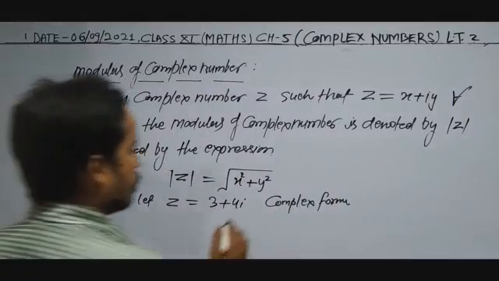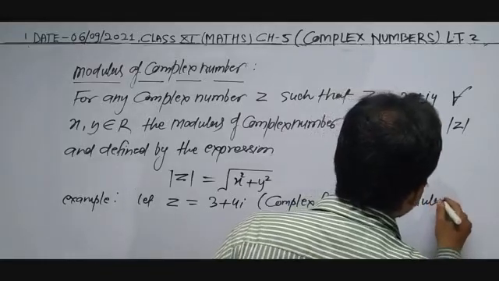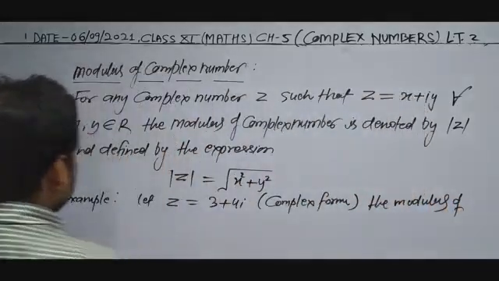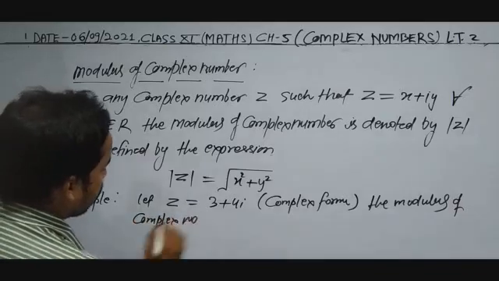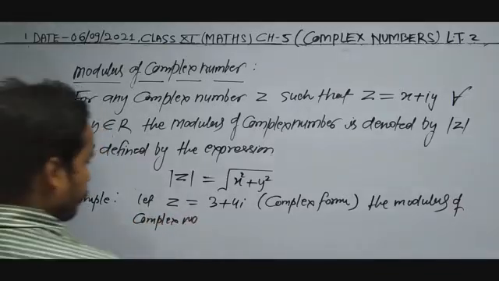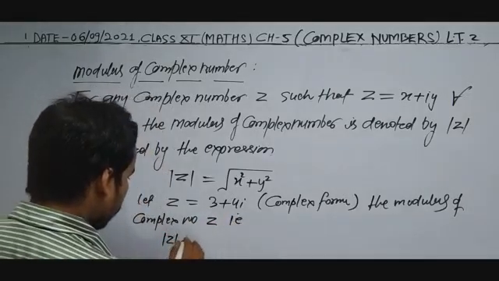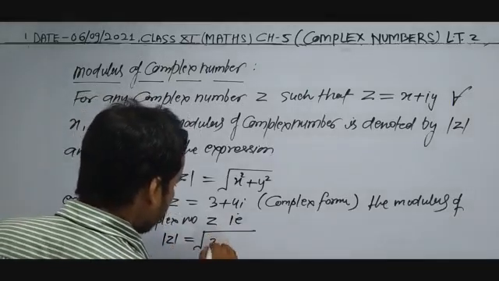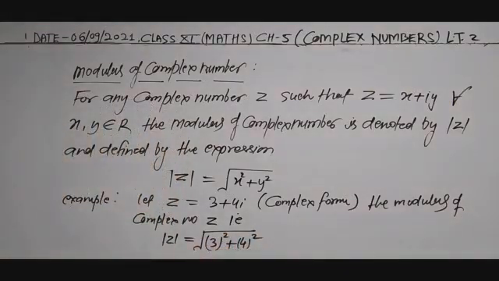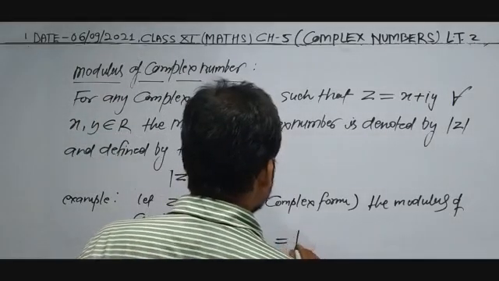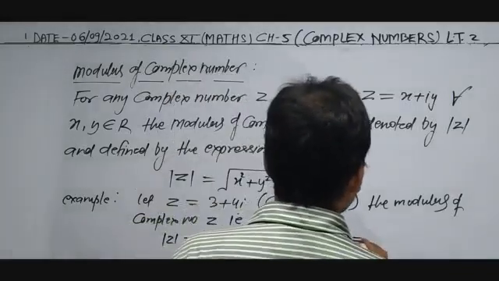Now the modulus of the complex number z is equal to root over 3 square plus 4 square, and now its result will be 9 plus 16.